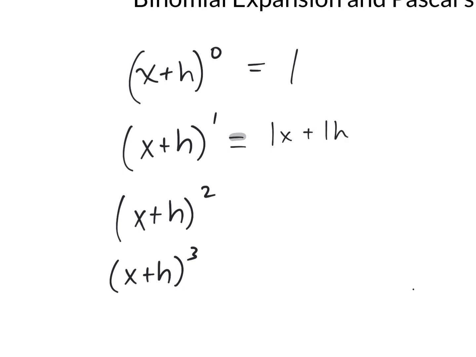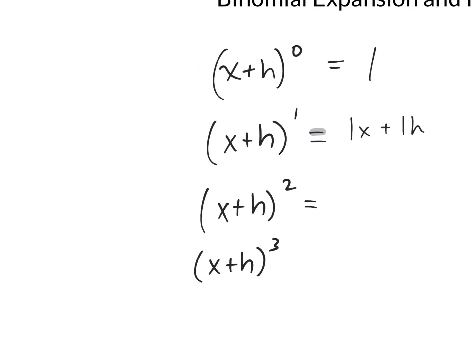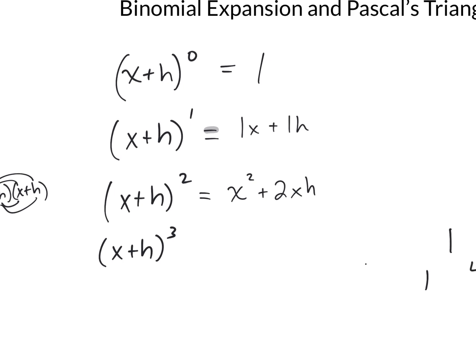1h. If I were to expand x plus h times x plus h, what I'm really doing is distributing, right, x times x, x times h, h times x, h times h. And what we're left with is x squared plus 2xh plus h squared.